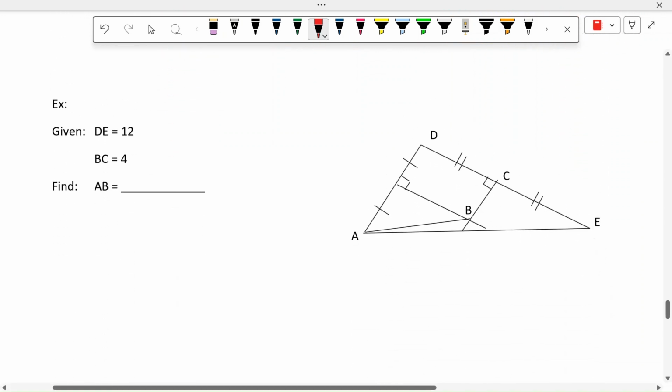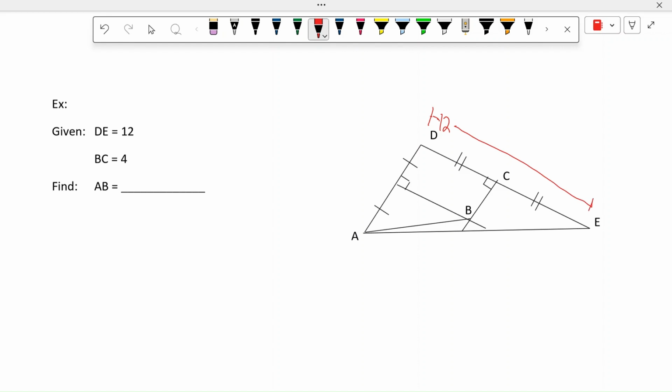All right, here's the next one. So for this one, perpendicular bisector. Point B then is the circumcenter.